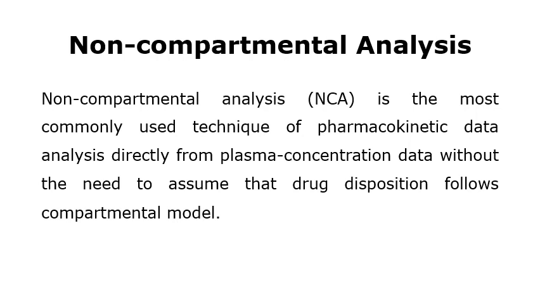Non-compartmental analysis is the most commonly used technique of pharmacokinetic data analysis directly from plasma concentration data without the need to assume that the drug disposition follows a compartmental model. When we say disposition, it means distribution and elimination of the drug.